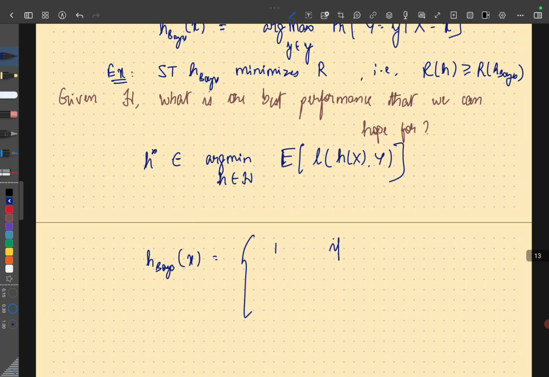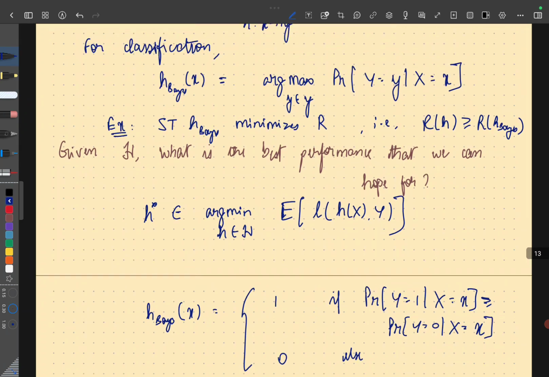This would be equal to 1 if the probability that y equals 1 given x equals little x is greater than or equal to the probability that y equals 0 given x equals little x, and it's equal to 0 otherwise. That's the explicit form of H Bayes. At least this form holds true for more general multi-class classification problems, more than two, non-binary.